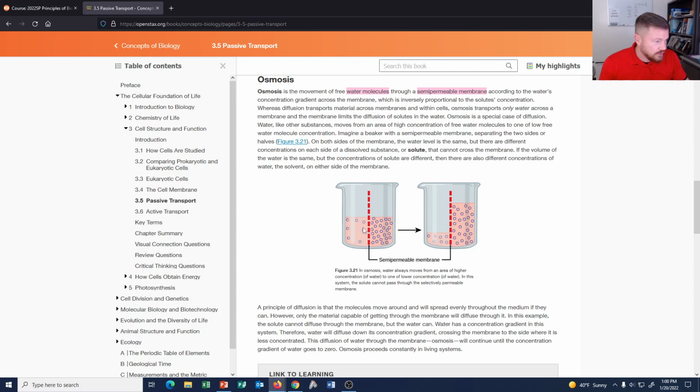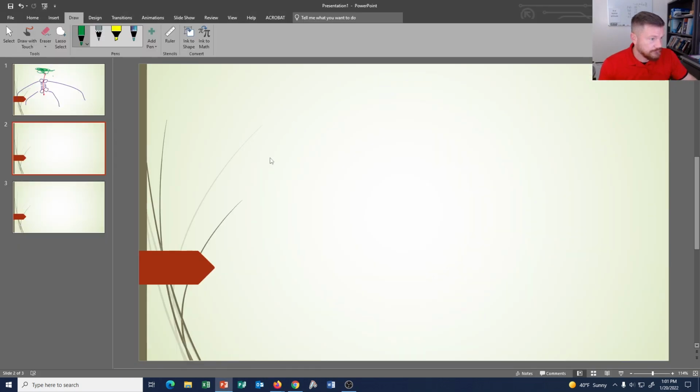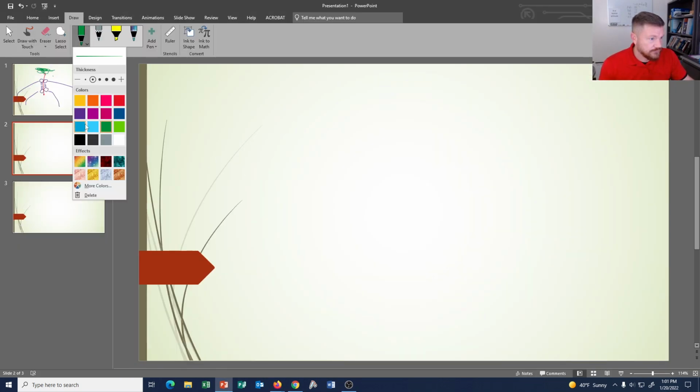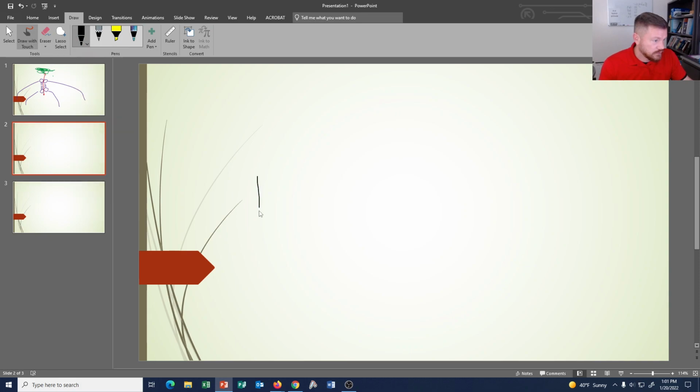And so also what you'll see, let me do this. This is probably a good place to do so, and I'll use black. Let's say here I have a beaker, and let me talk about concentrations of liquids first.